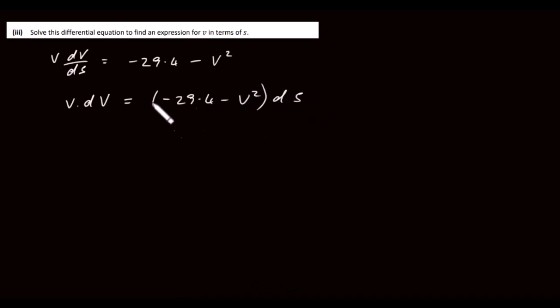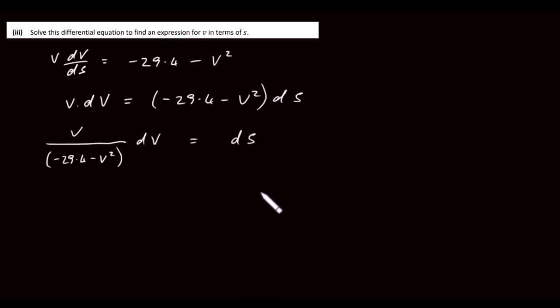Now divide across by this bracket here. That would be v over minus 29.4 minus v squared dv is equal to ds.